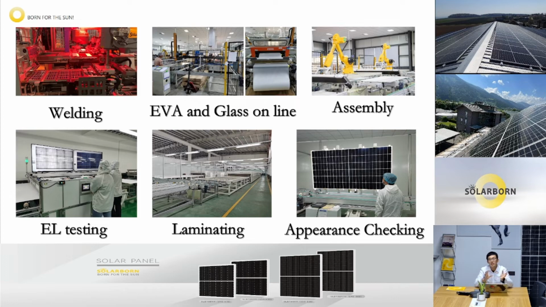The solar series group we will put on the EVA and the glass, all by the assembly, like an automatic machine to put the solar cells on the EVA and the glass. And after this, we will put the second EVA and the back sheet on the panel.